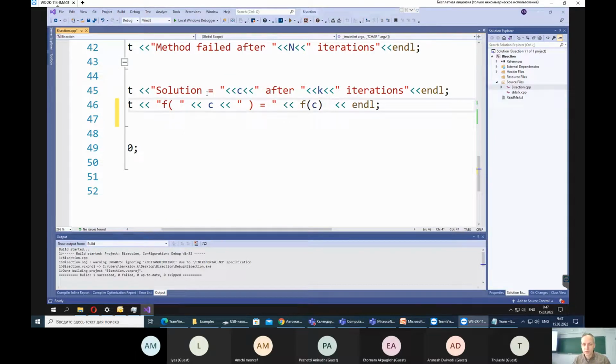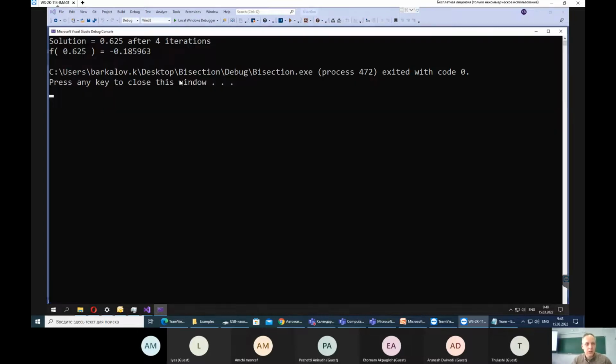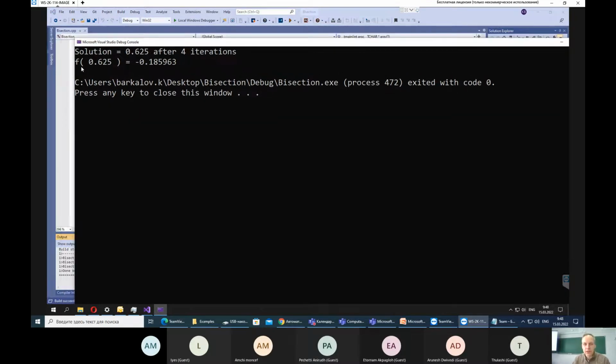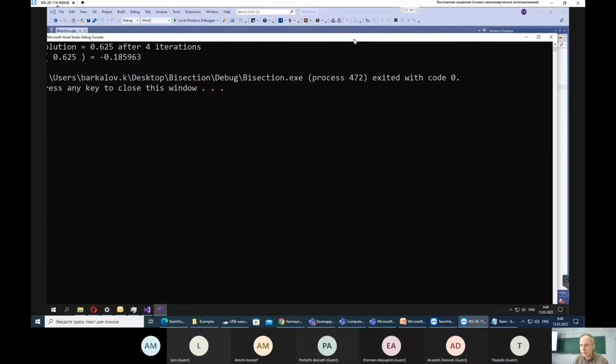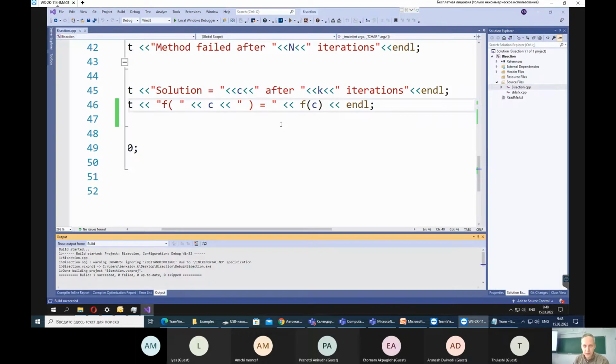Let's output to the screen the value at the point that we find. And you see that the value of f of 0.625 is minus 0.185. It's not close to 0 because we take a large value of tolerance.